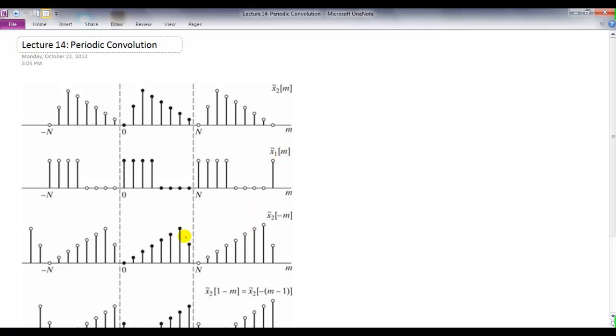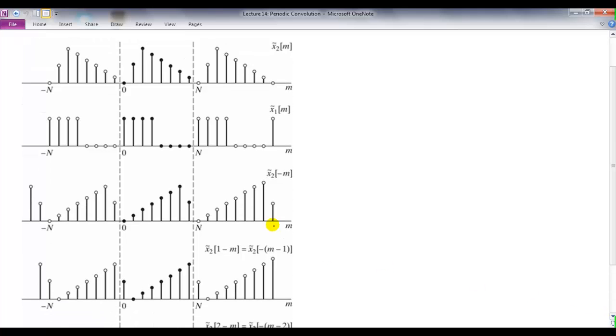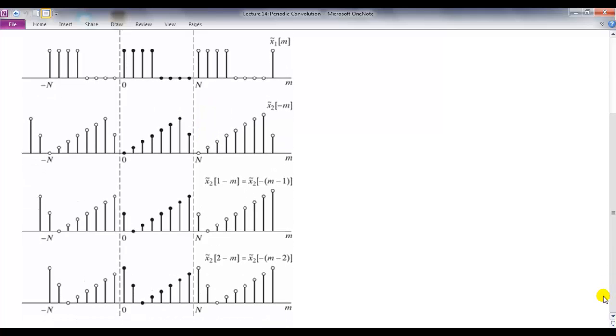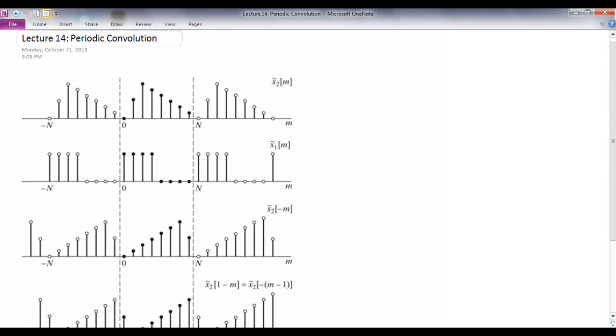We first flip x2 tilde m, and then we slide that by different amounts, multiply the slid one with the original one, and add them all up. You should keep this picture in mind because later we'll come back to circular convolution, which is effectively related to this notion of periodic convolution.